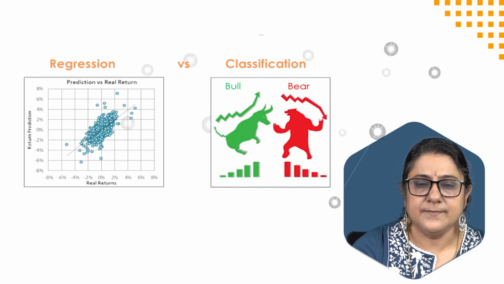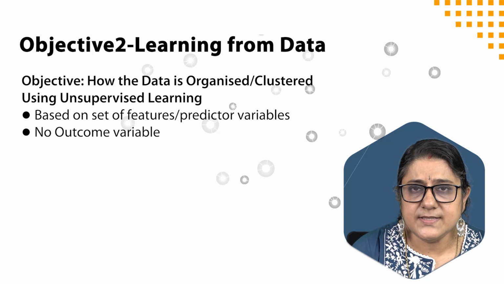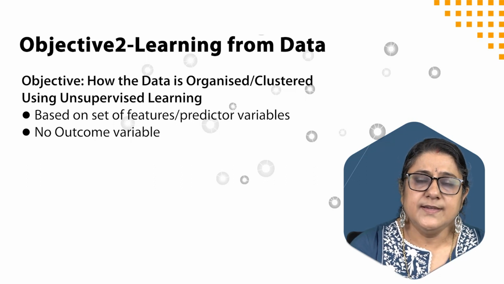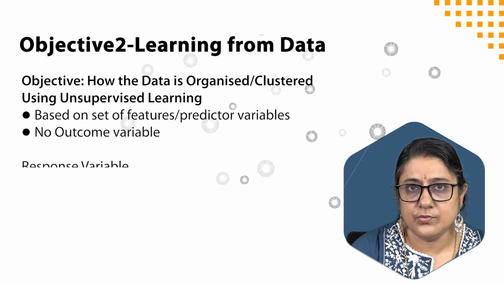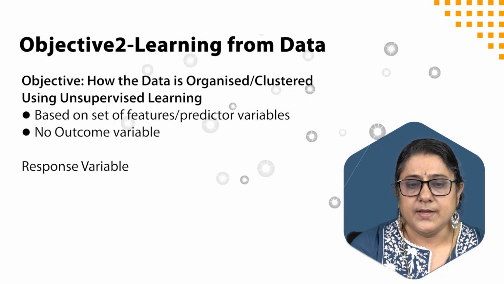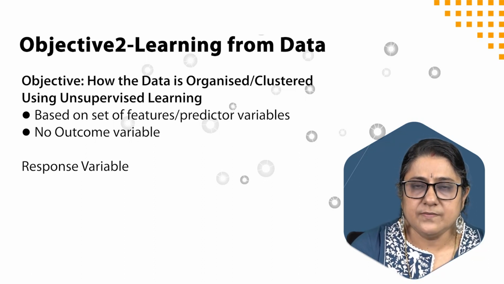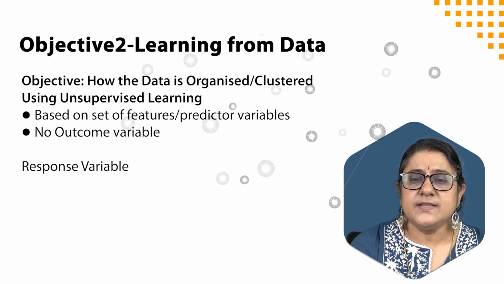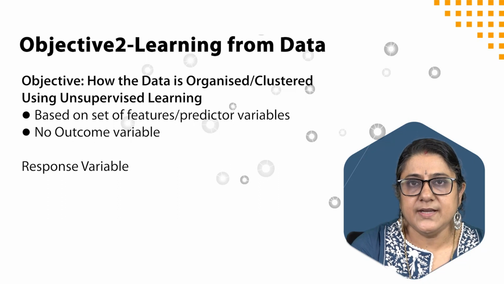The other type of learning from the data is unsupervised learning. That means, given a set of input features, the output is not known. We are only given the input data, and the algorithm for unsupervised learning tries to cluster or organize the input data into groups.